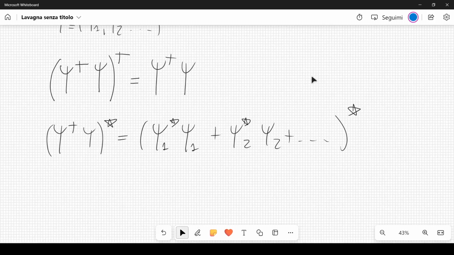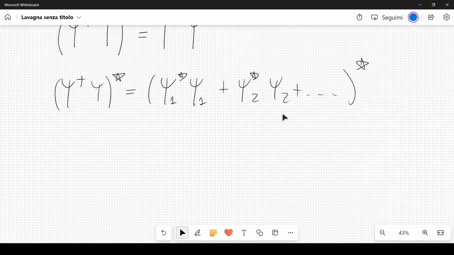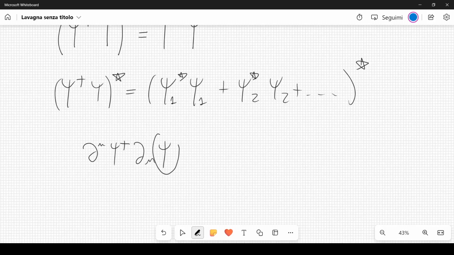And then, in principle, we can also consider terms of this kind, del mu psi dagger del mu psi, where this psi here will be a column vector, whereas psi dagger will be a row vector.